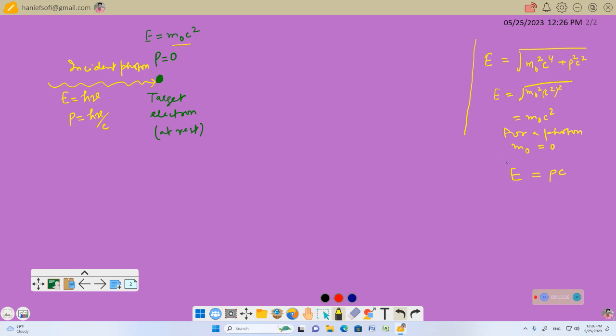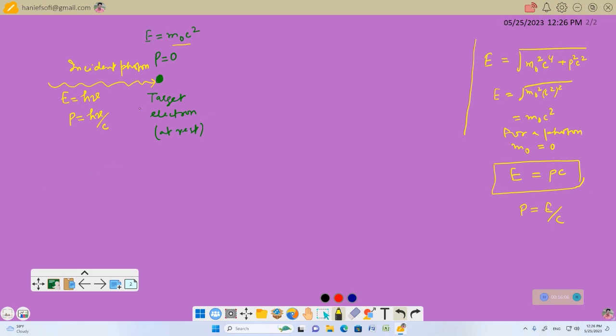So E is equal to Pc is the relationship connecting the total energy and linear momentum of a particle like photon whose rest mass is 0. So if the energy of a photon initially is h nu, its momentum will be E by c, which is h nu by c.